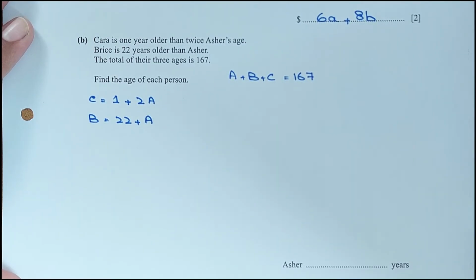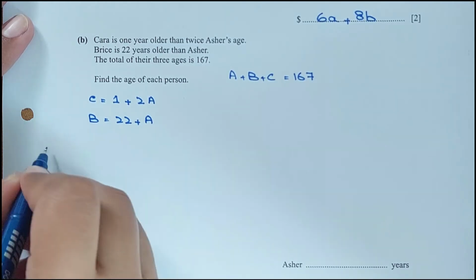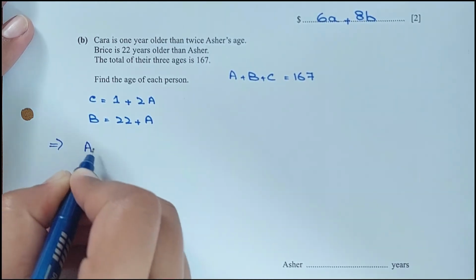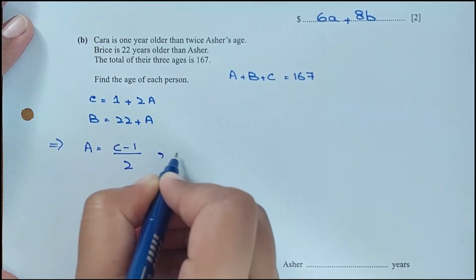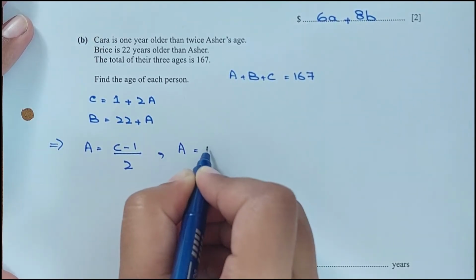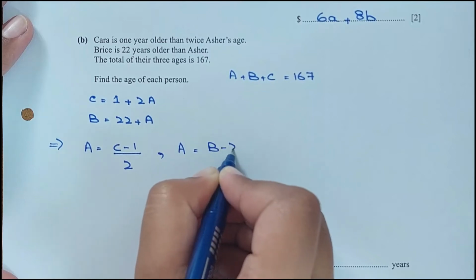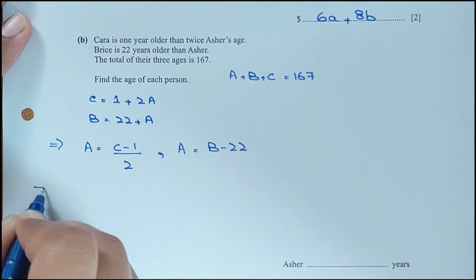All right, so from both equations we can solve for A. From the first equation, what is A? A is equal to C minus 1 divided by 2. And from the second equation, A is equal to B minus 22. Let me compare.